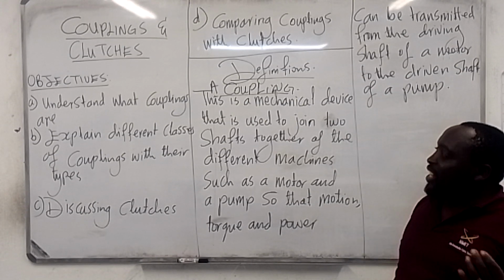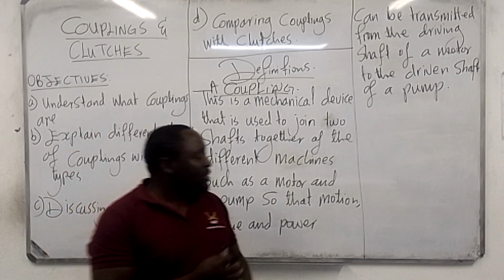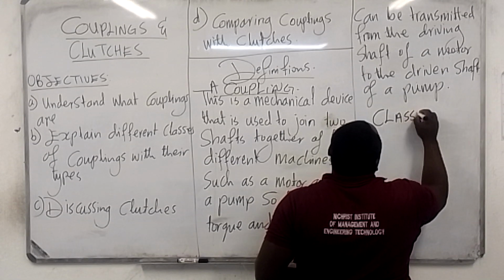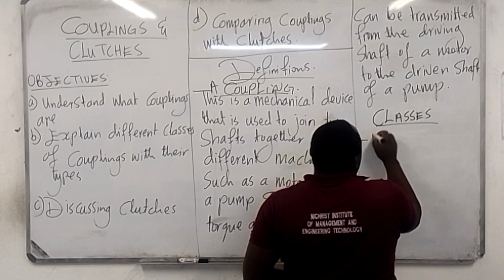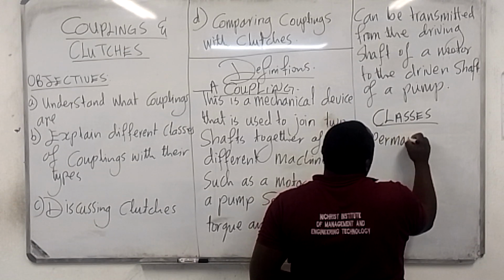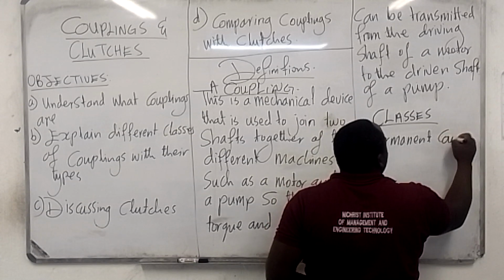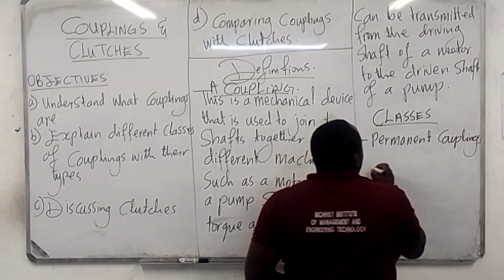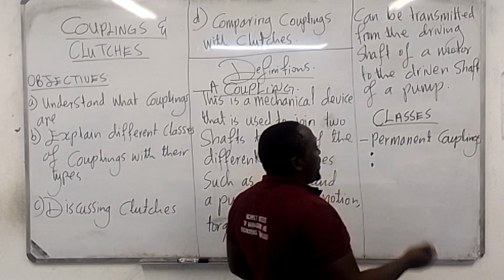Now, we have got different classes of couplings. What are the classes of couplings? Fast or permanent, self-aligning, and flexible. So we have got the permanent, self-aligning, and flexible couplings.